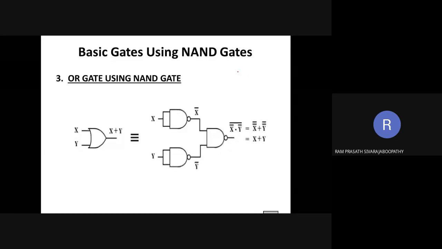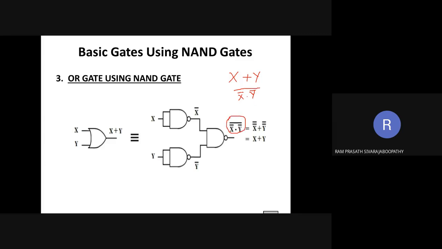So I have to perform x plus y, in terms of NAND gate. So how can I write x plus y? X bar dot y bar, the whole bar. It can be written like this as it is here.